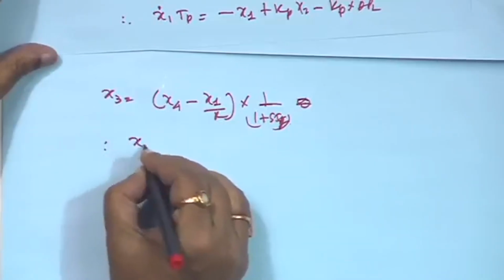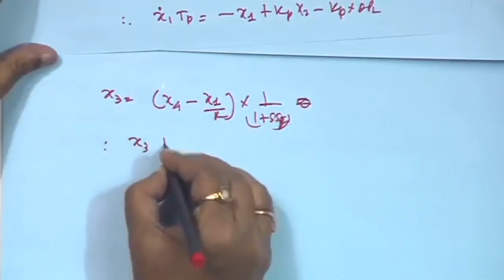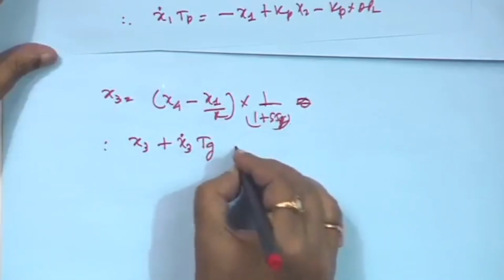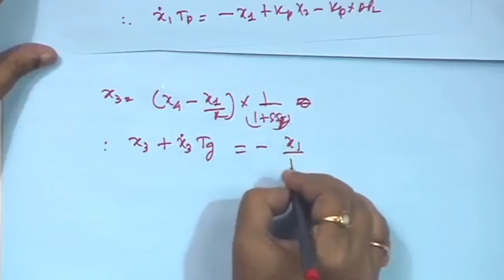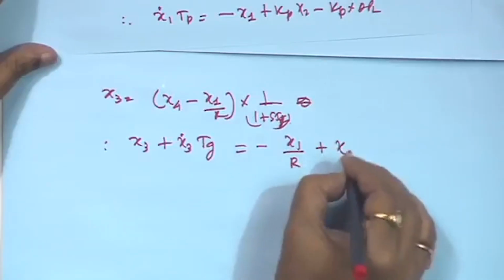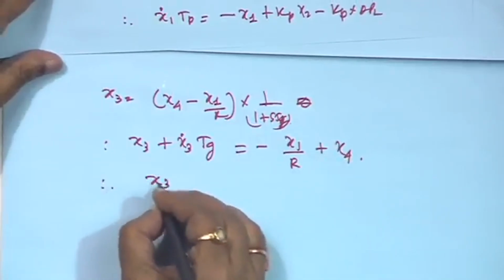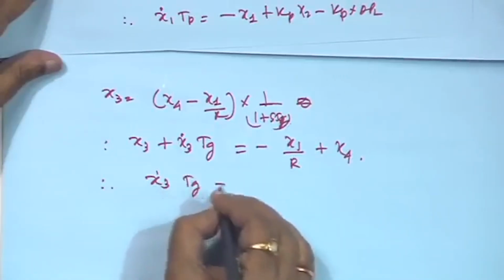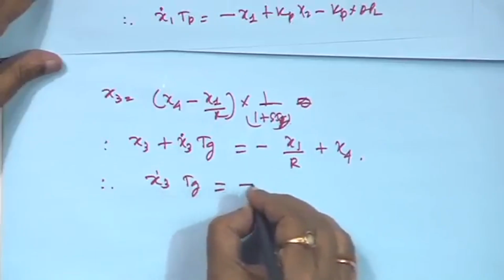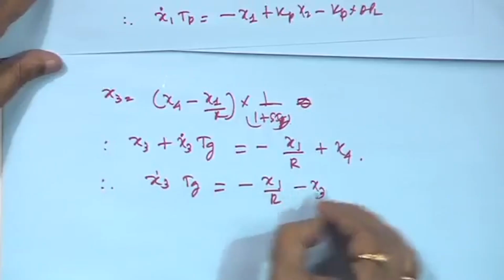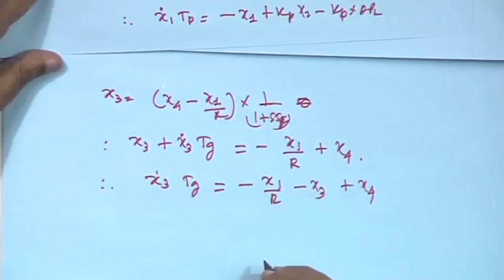So, it will become s x3, where s x3 is x3 dot, multiplied by Tg, is equal to minus x1 upon R plus x4. So, that means x3 dot Tg is equal to minus x1 upon R, then minus x3 plus x4.